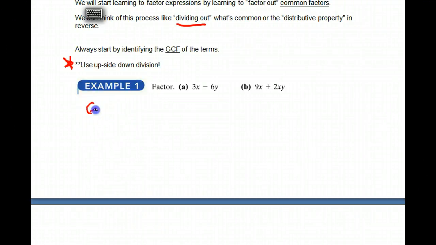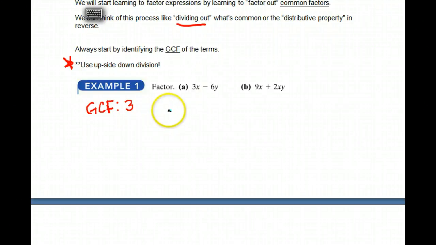So you want to ask yourself, what am I going to be able to divide out of both of those terms? What do they have in common that I'm going to be able to remove? Both of them are divisible by 3. So that is going to be the GCF that we're going to start with.